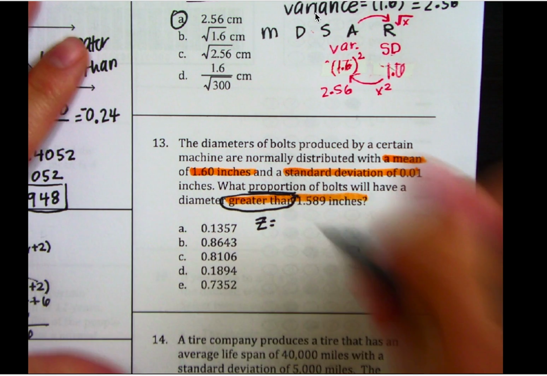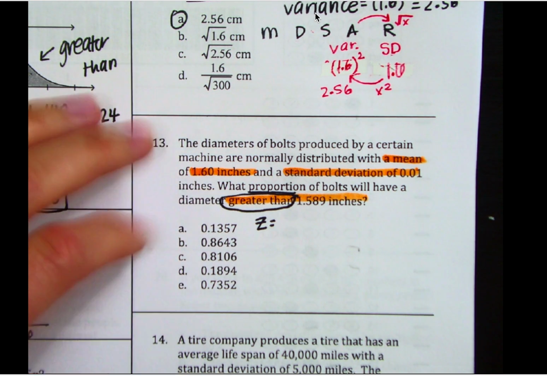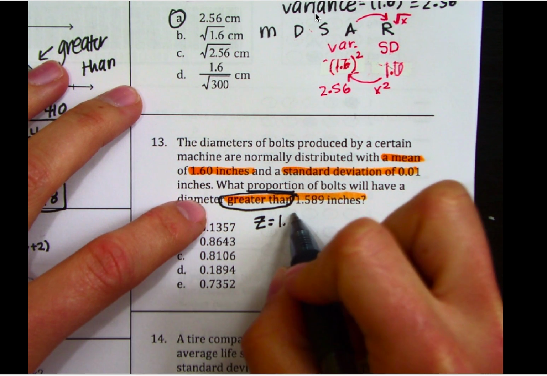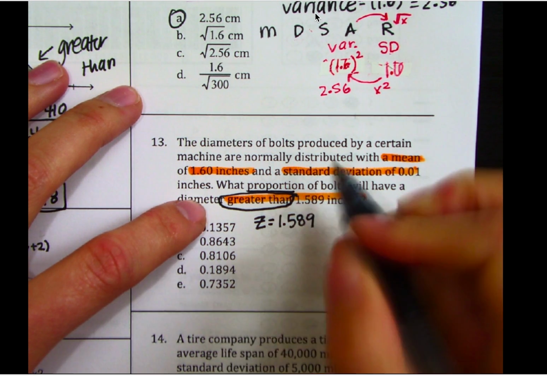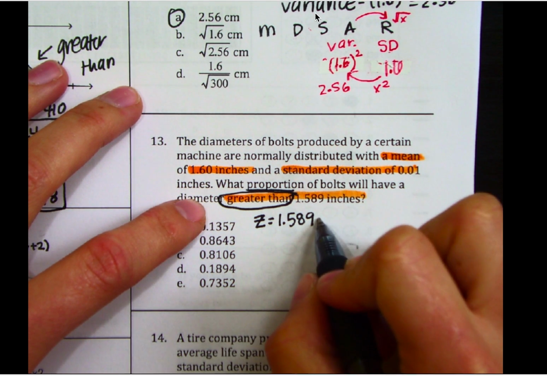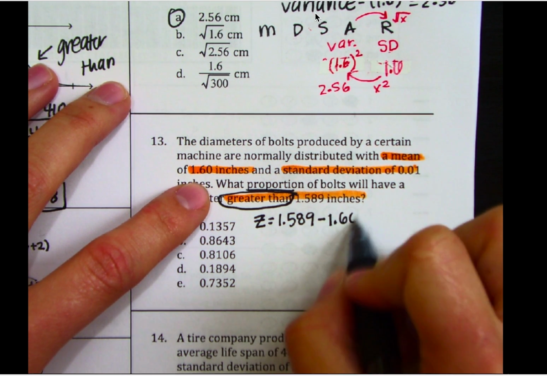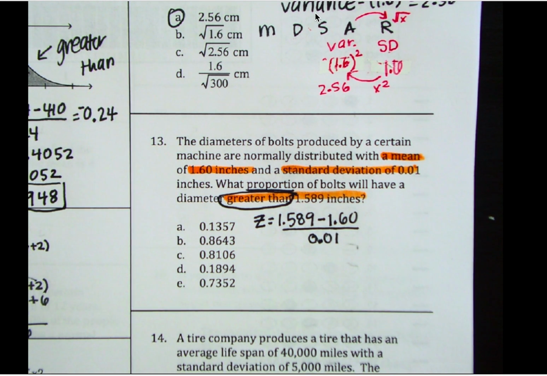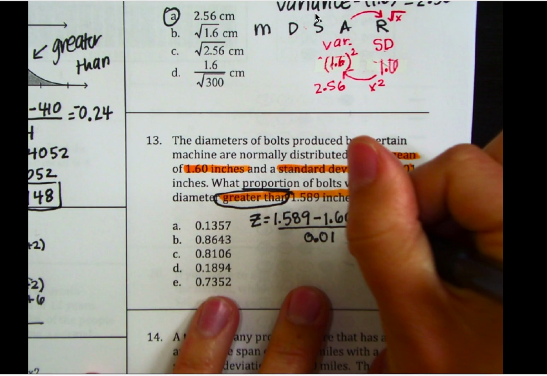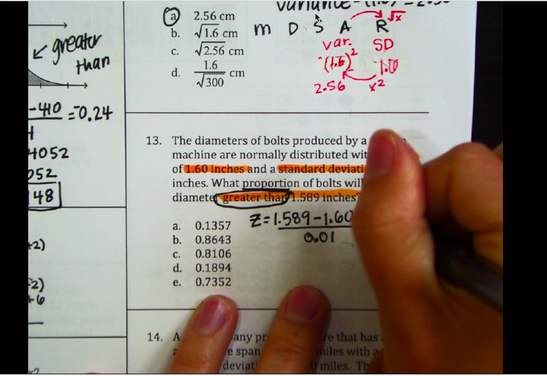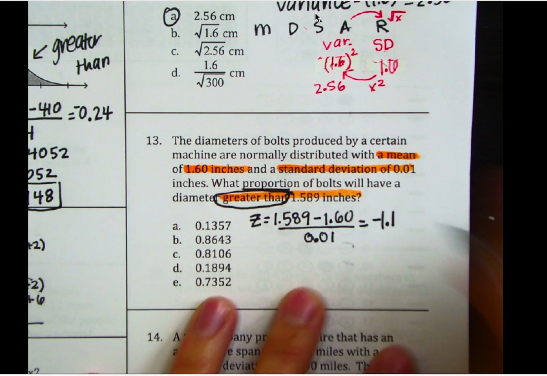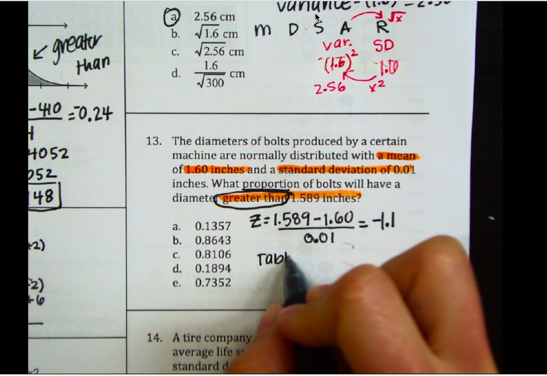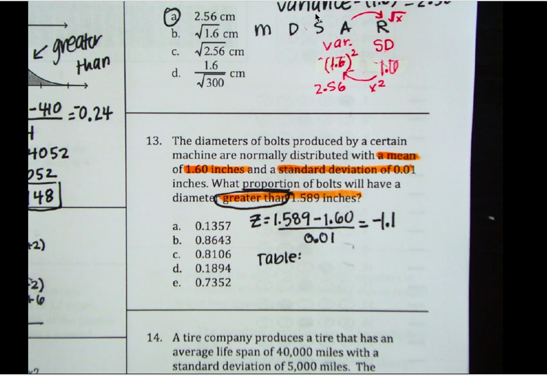We're going to find that z-score so we can look up our proportions, our areas from our table. So z is equal to my value. They want to know what's greater than 1.589, so that's our value, minus the mean divided by the standard deviation. So when you do that in your calculator, you are going to get a z-score of negative 1.1. So we're going to go ahead and look that up in our table so that we can find the area less than.